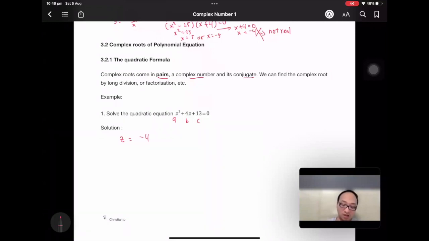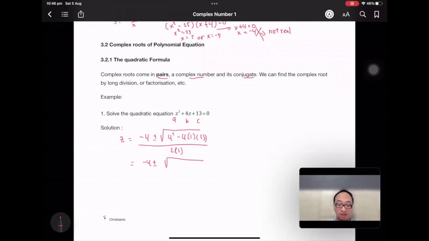So z equals minus b plus or minus the square root of b squared minus 4ac, over 2a. So negative 4 plus or minus the square root of 16 minus 52, over 2. So negative 4 plus or minus the square root of negative 36, over 2.